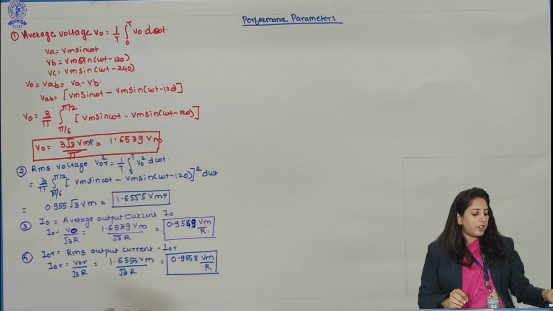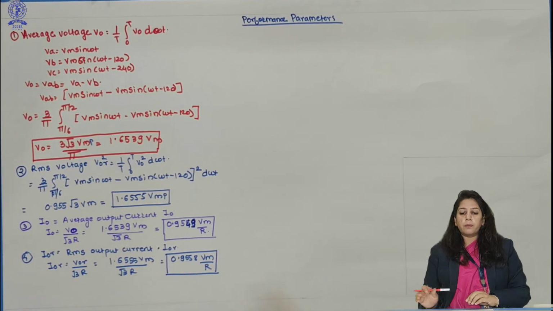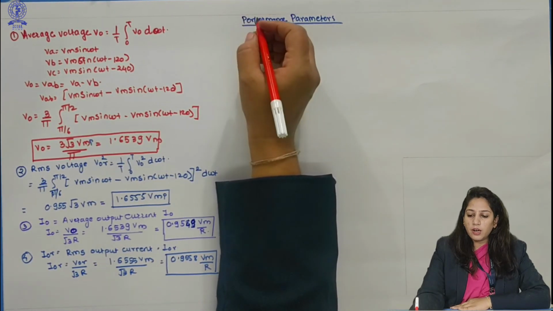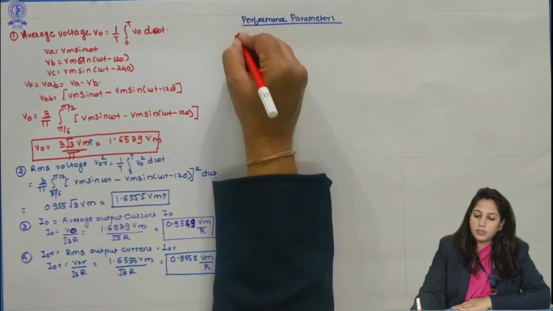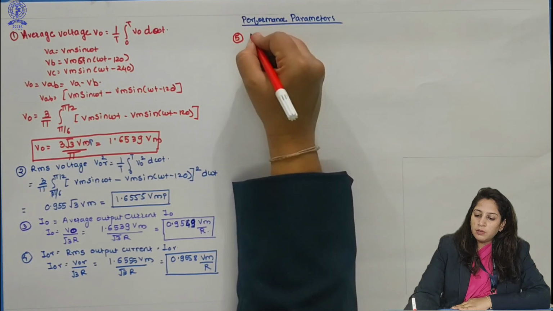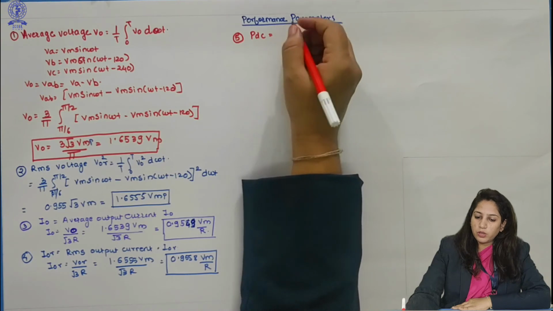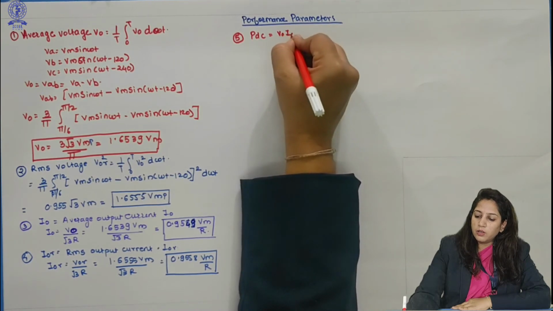Now it is very easy to find PAC and PDC, as we know VO, IO, VOR and IOR. The fifth point is PDC, that is the output DC power. It is VO into IO.